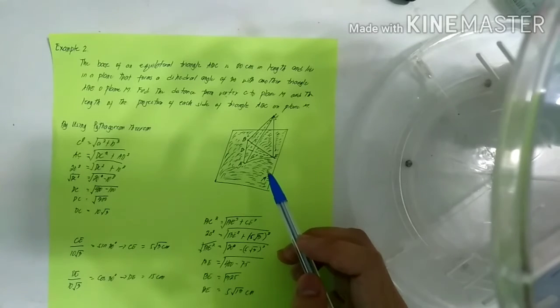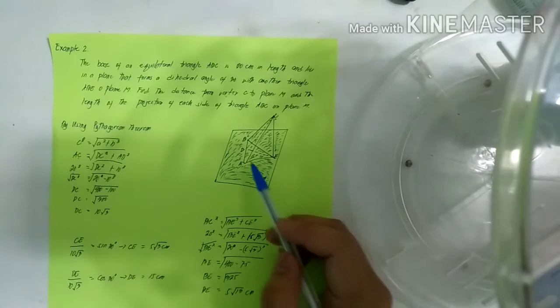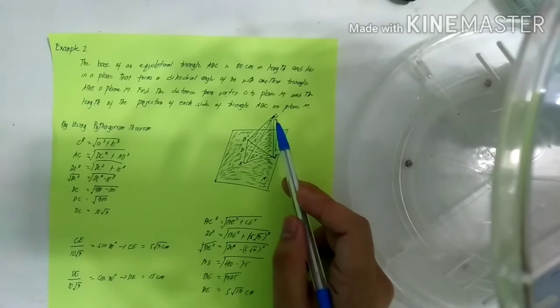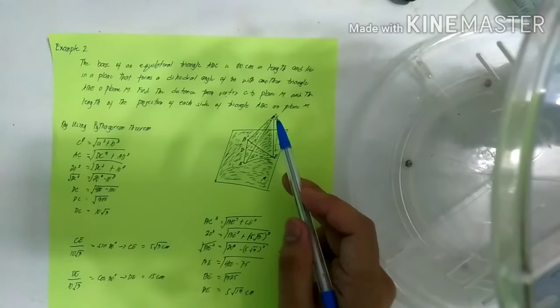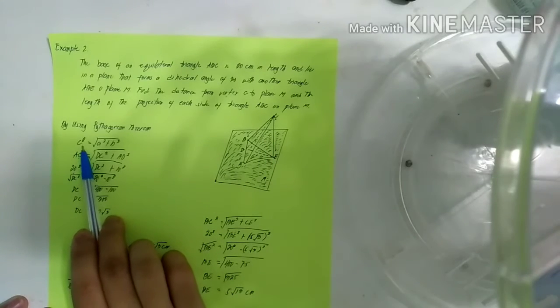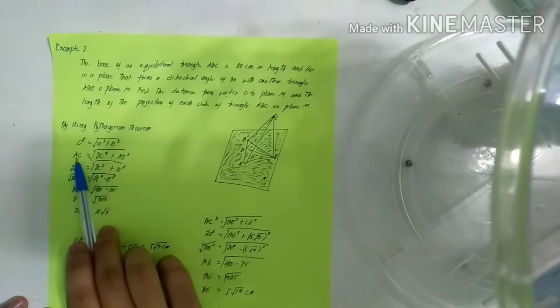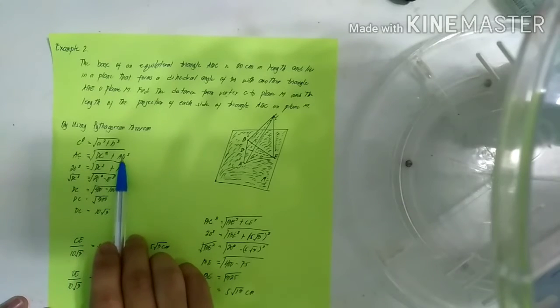So for the right triangle ADC, the hypotenuse. So this is our hypotenuse. ADC is the side of AC, and the shortest sides DC and AD. By using Pythagorean theorem, AC is equal to square root of DC squared plus AD squared.